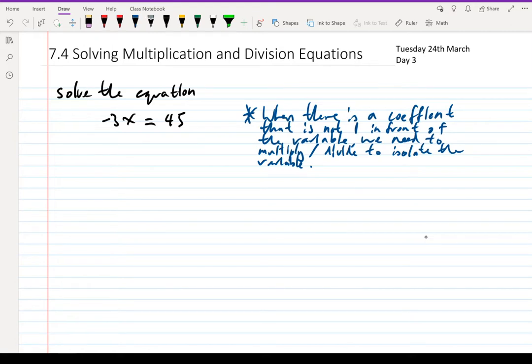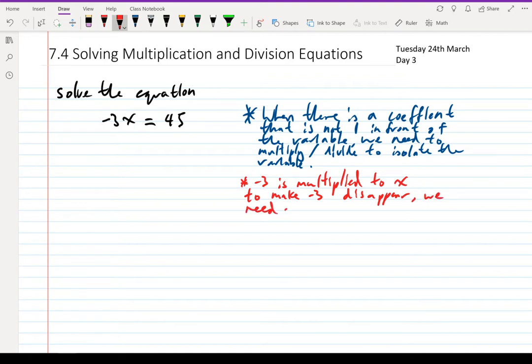But in this case, we have a negative 3. So how do we actually get rid of the 3? Since we have negative 3 multiplied to x, to make the negative 3 disappear, we need to do the opposite of multiplying, which is to divide.